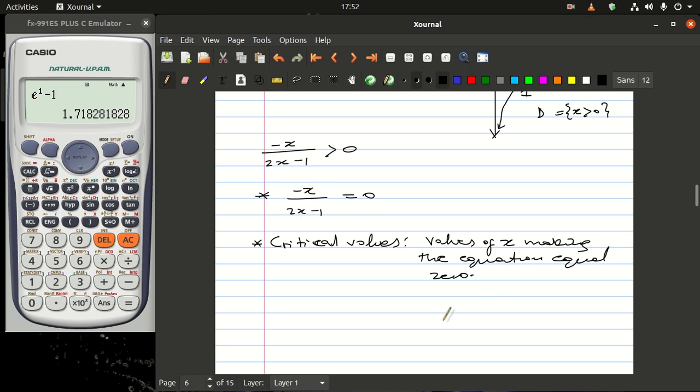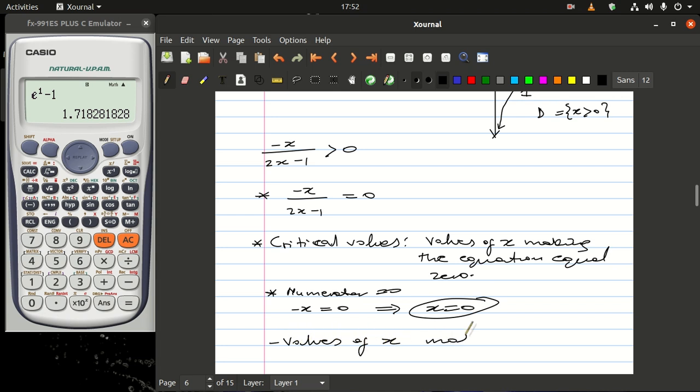This is only going to happen when the numerator is equal to 0. That's what is important. So the numerator will be equal to 0 if minus x is equal to 0, which actually means if x is equal to 0. So this is one critical value. Another set of critical values is the values of x making the equation undefined.